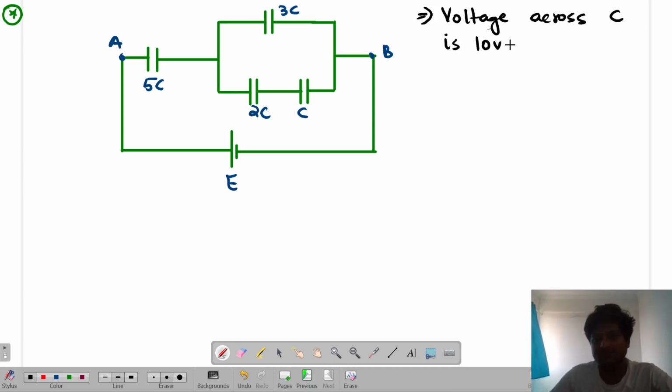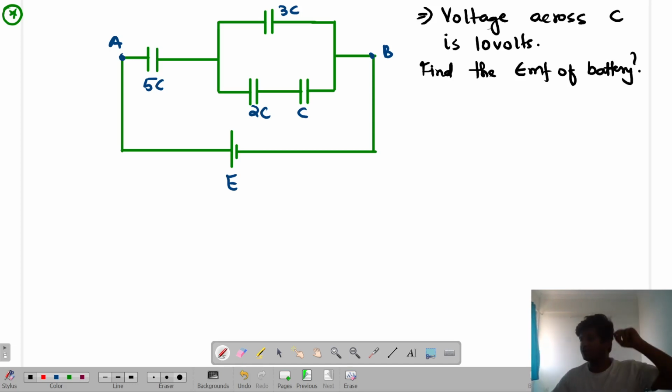Then the question is, find the EMF of battery. Find the potential of battery.